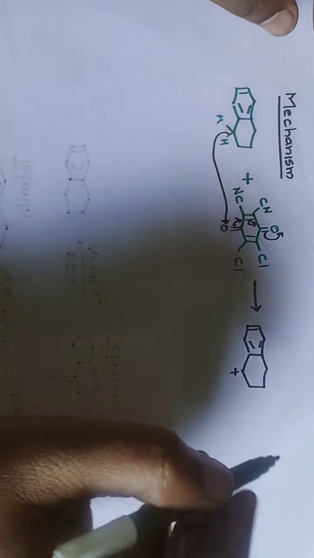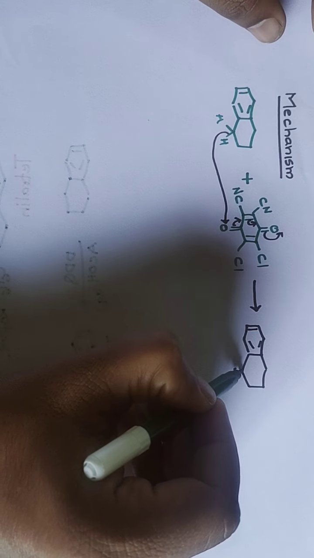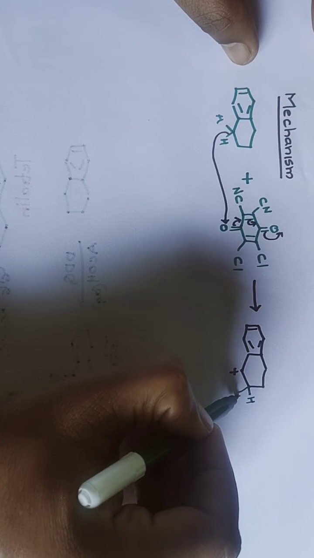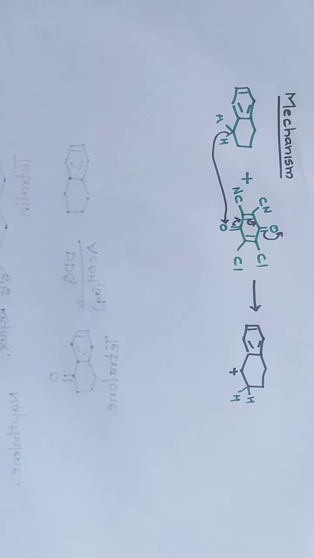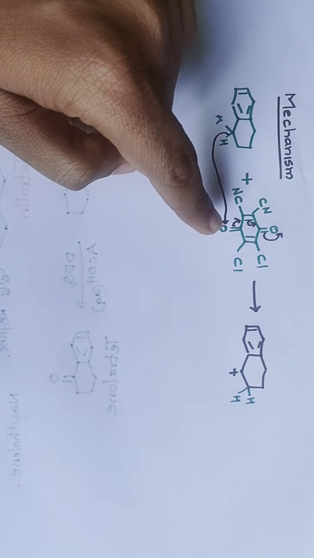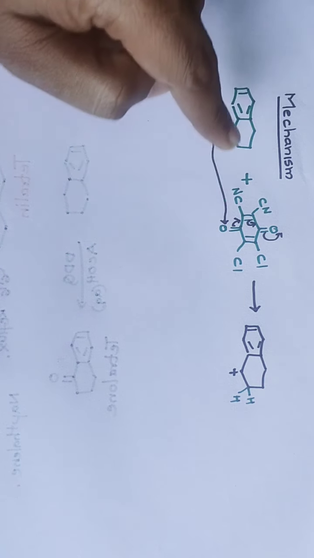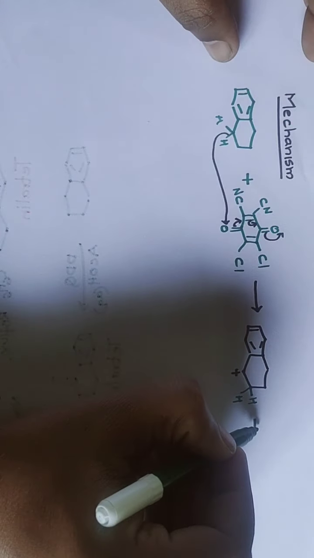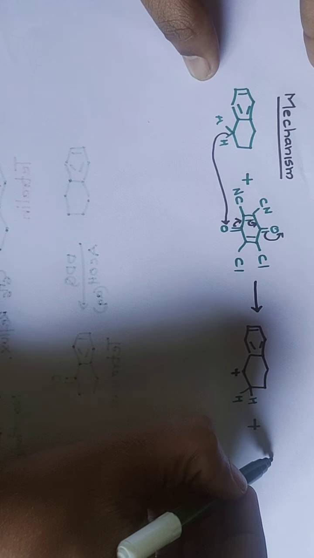Now here also we have one hydrogen, and adjacent we have two hydrogens, because each carbon has two hydrogens. I'll just write the hydrogens here. See, this hydride, H minus, has moved here, so this carbon will acquire a positive charge. Plus, let's see what happens to this DDQ.